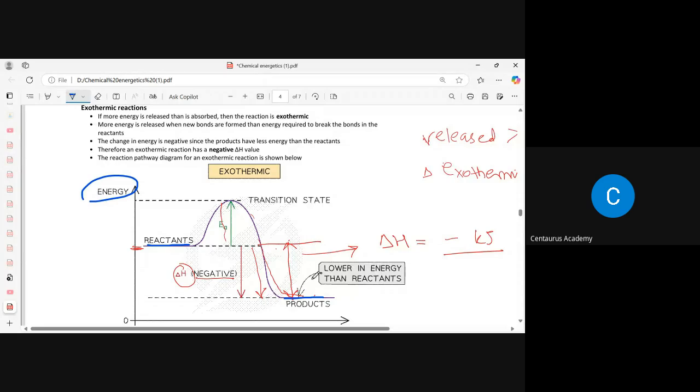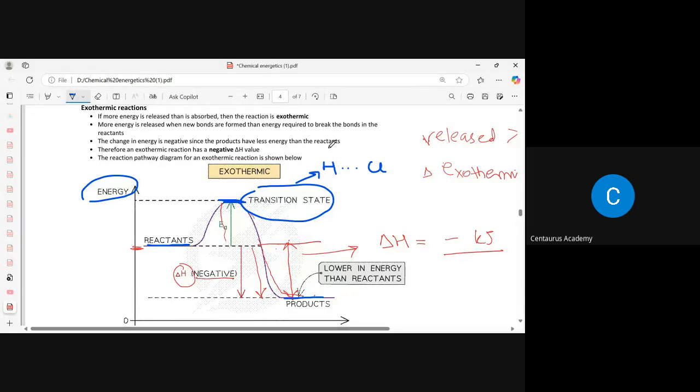So products have relatively less energy as compared to the reactants. This top hump that you see is the transition state, right? I told you that when a new product bond is formed, they are trying to form their new product bond.